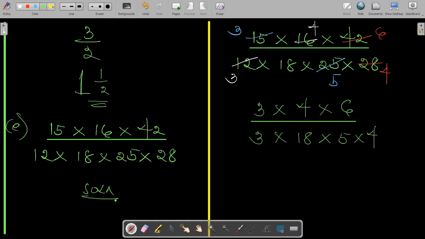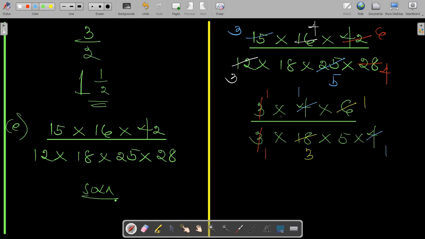So I notice here now that 6 can go here 1. 6 can divide 18 here to give me 3. So these 3 can also divide each other. 3 goes here 1. 3 can also divide here 1. I also notice here now that 4 can divide here 1. 4 can also divide this 4 here 1.